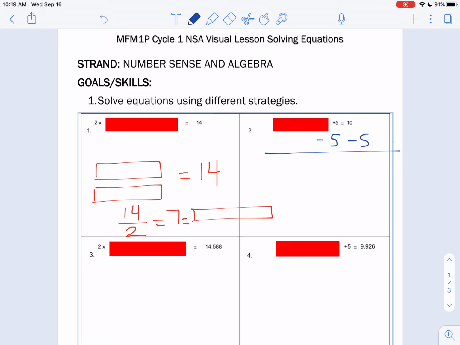On the left side, 5 minus 5 gives us 0, and we don't even need to write that down. And on the other side, 10 minus 5 gives us 5. So now we know that the length of the bar on its own is just 5. So we're using the 0 principle there to isolate the length of the red bar.